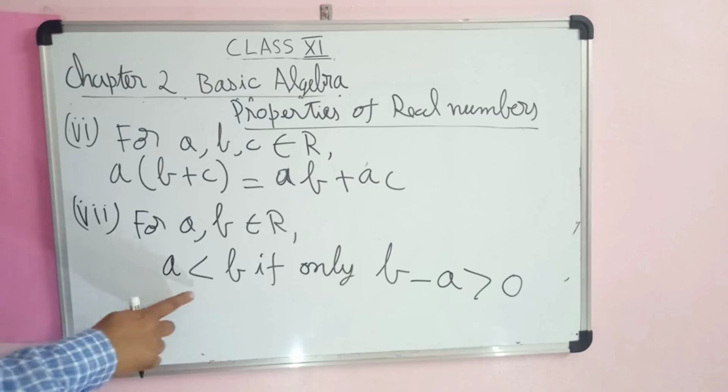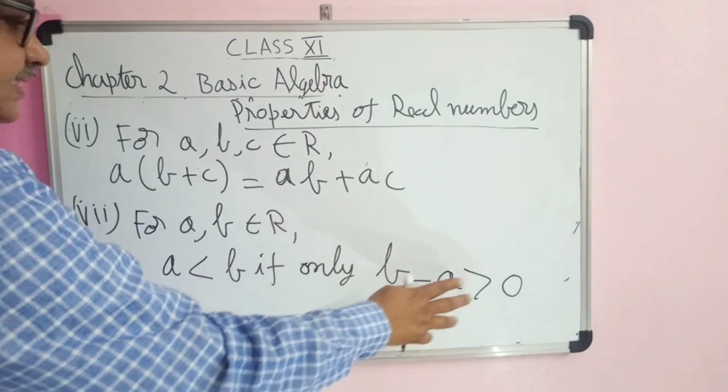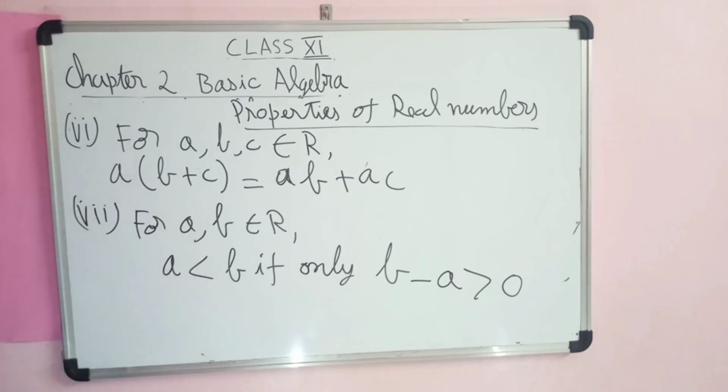A is less than B only when B minus A is greater than 0. So this holds good. This is property 7.